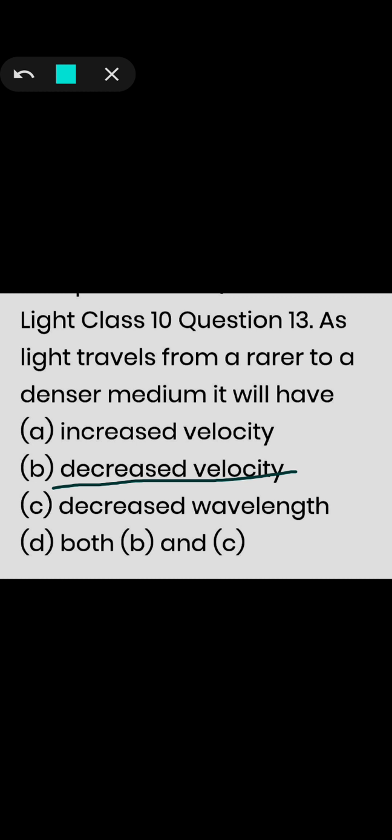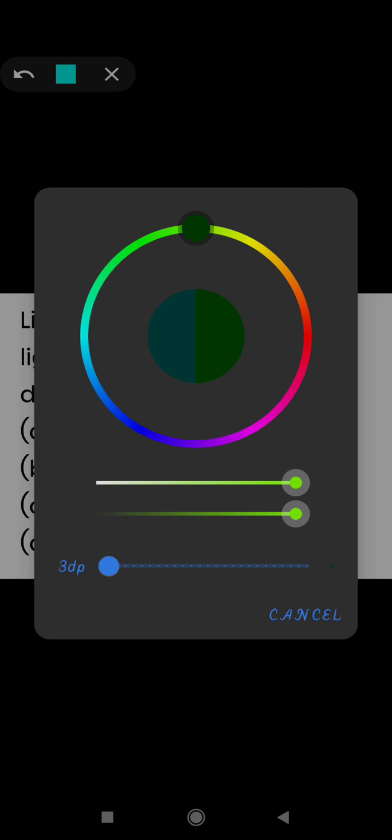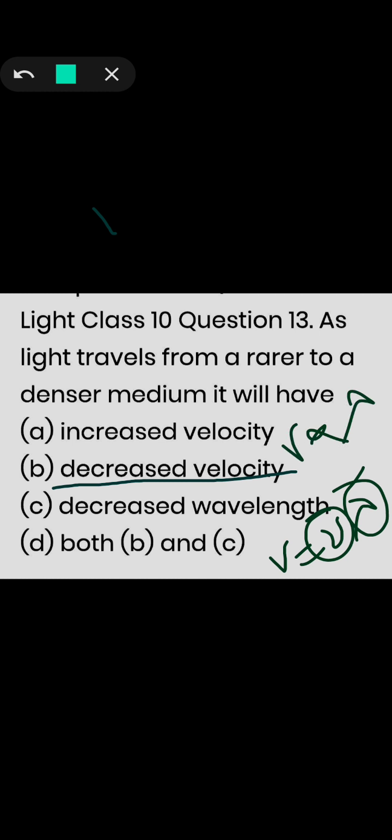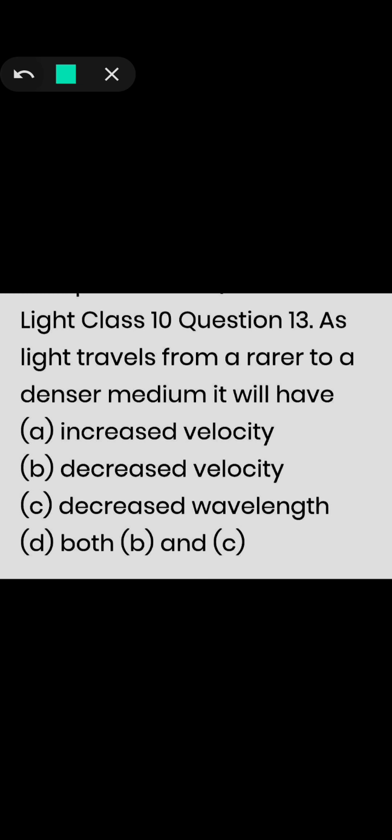But we know that when the light ray passes, its wavelength will also decrease, because if the velocity is taken as v, then v will be nu lambda. Here nu is the frequency, lambda is the wavelength. So always the velocity is directly proportional to the wavelength. So if velocity is decreasing, then wavelength should also decrease. So we can say that the light ray's wavelength and velocity both will decrease if it is passing from the rarer to the denser medium.